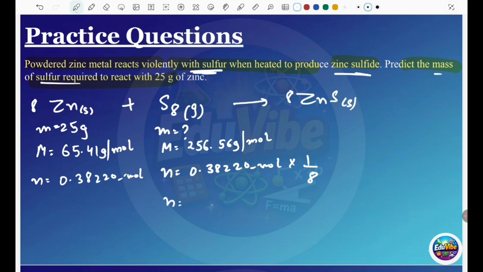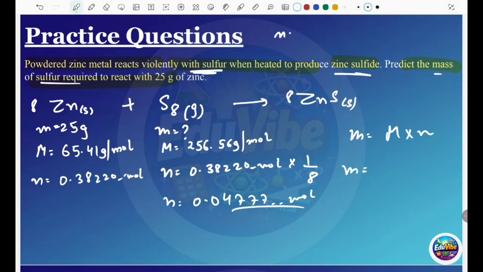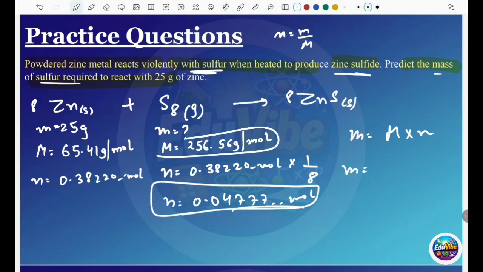When you do this, you get about 0.04777 repeated moles. Basically, we have to find the mass for the sulfur. So this is molar mass multiplied by the number of moles, because n is equal to the mass upon molar mass. So when you multiply this, you will get about 12 grams.